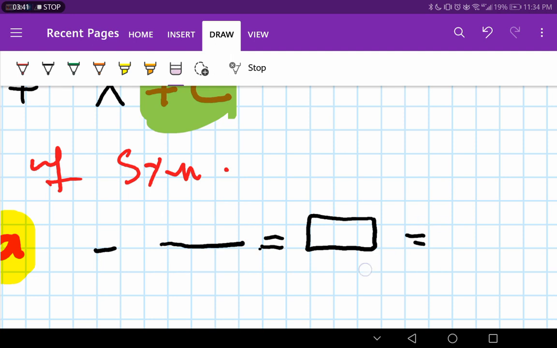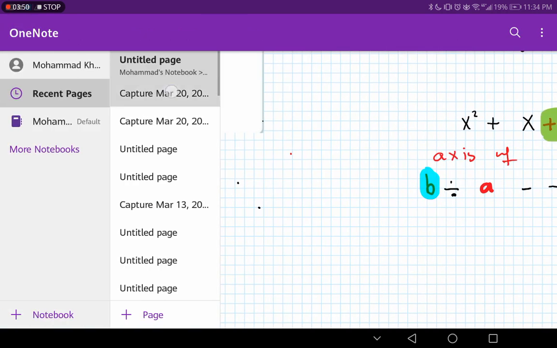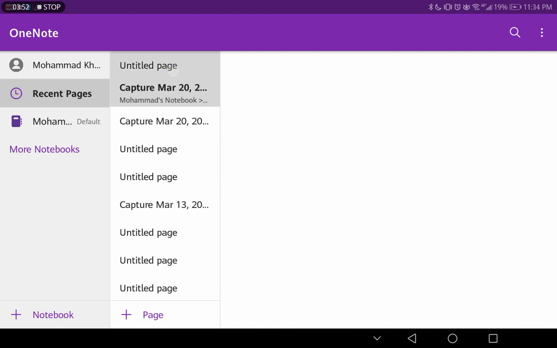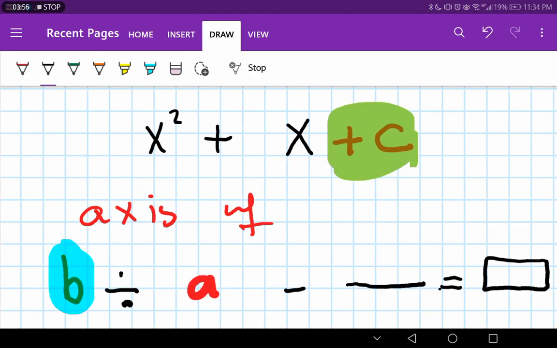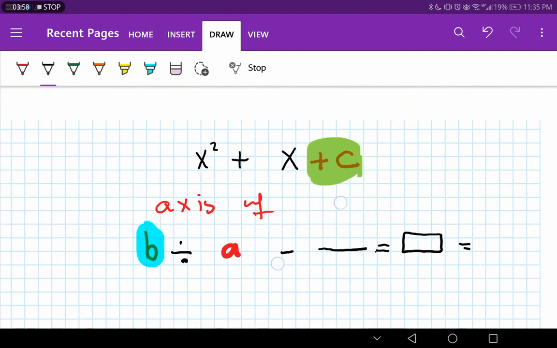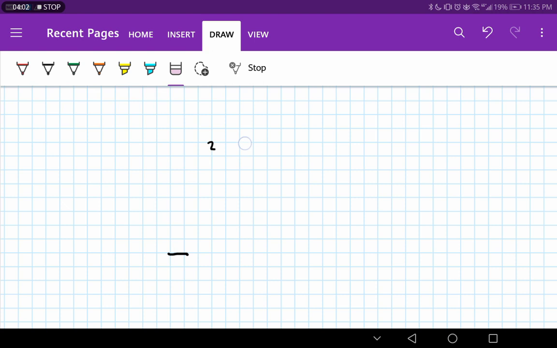So we need 3 steps, my dear student. The first step is divide B by A, then take the half, then change the sign. Let me write the steps for you.